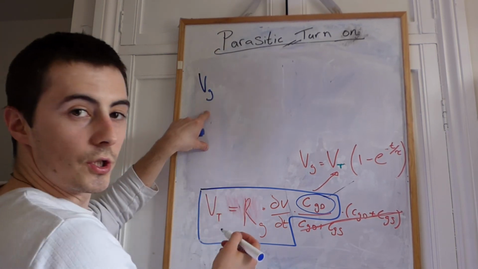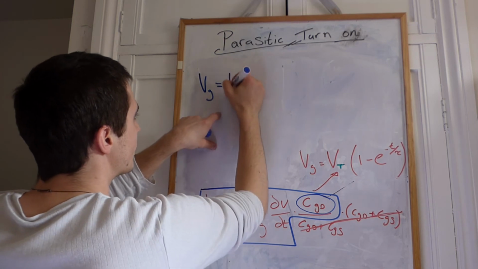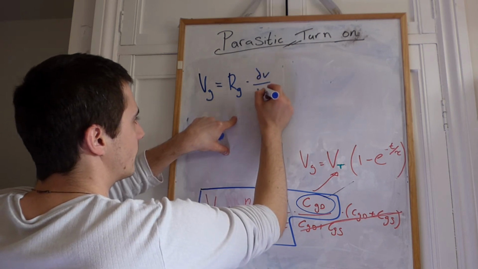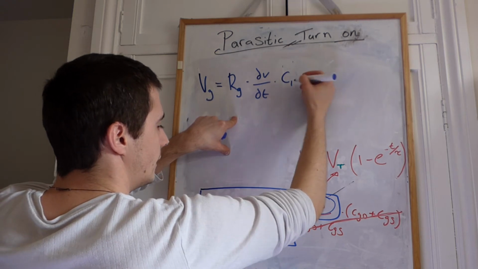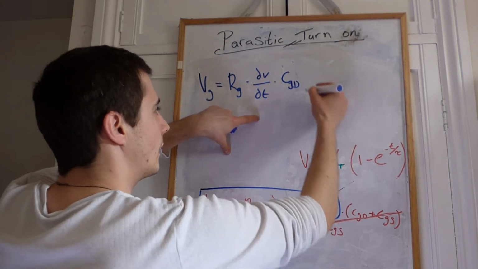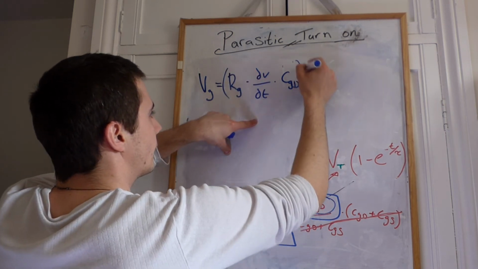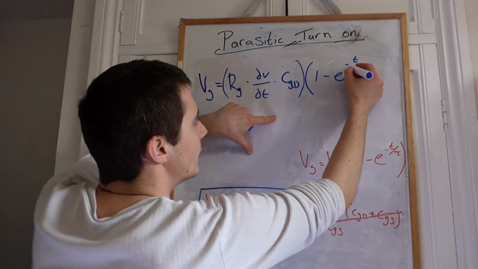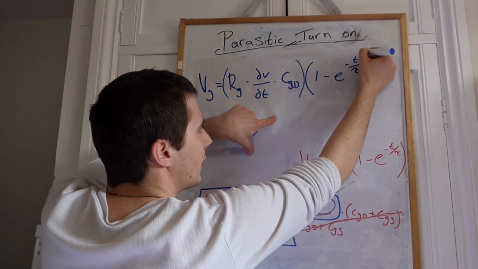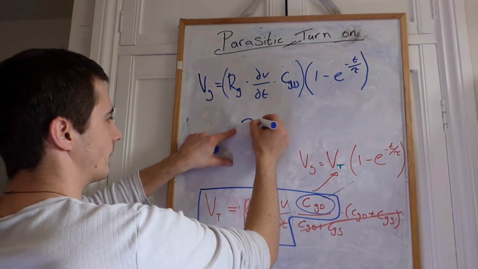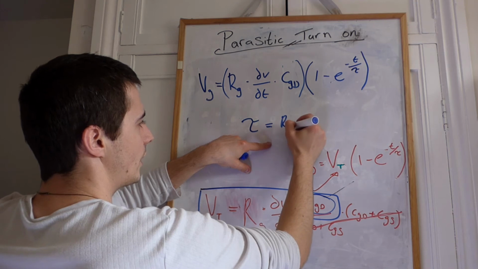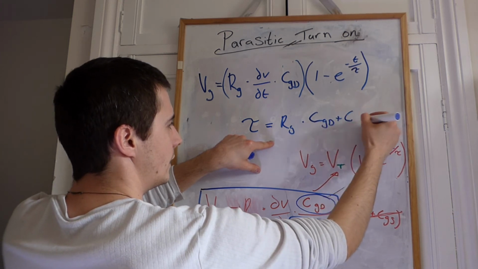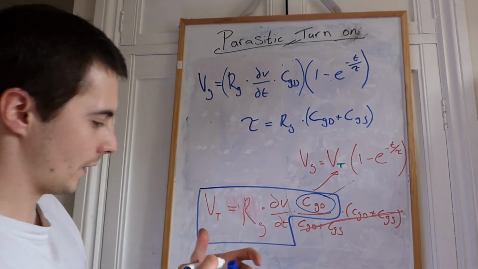So we know that the gate voltage of our MOSFET is going to be equal to Vt, which is our gate resistance, multiplied by the rate of change of voltage, whatever that may be, multiplied by the gate drain capacitance, and then multiplied by 1 minus e to the minus t, that's our variable that we're going to plot so that we can actually see it in time, divided by tau, which I'll just write like this for simplicity's sake, where tau is equal to Rg multiplied by C total, which was CGD plus CGS. Okay, and that's really all there is to it.